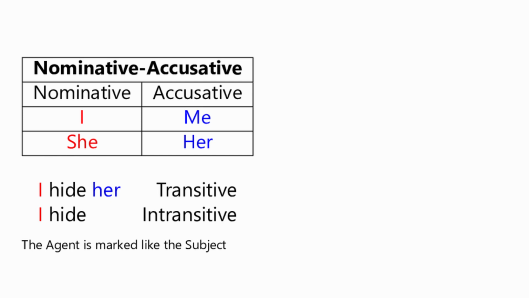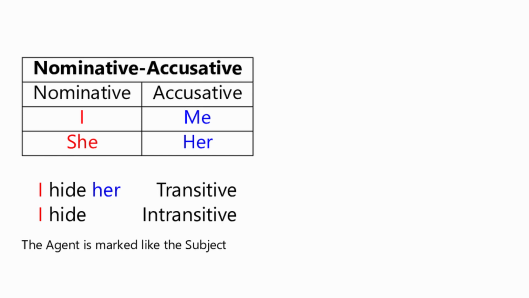But because in some other languages a distinction is made between those two arguments, we need to come up with different names for these different concepts. It's more standard to keep calling the subject of an intransitive verb the subject, the subject of a transitive verb the agent, and the object of a transitive verb the object. So for the purposes of a nominative accusative language, our English terminology works fine because the subject and agent are marked the same.